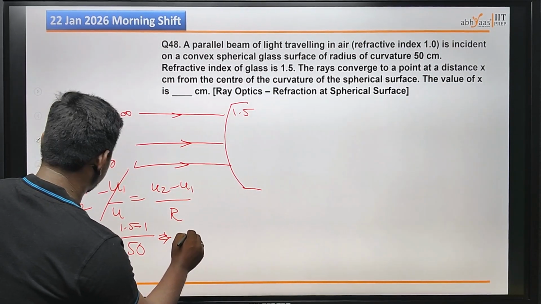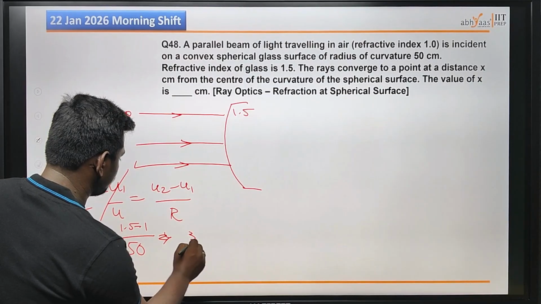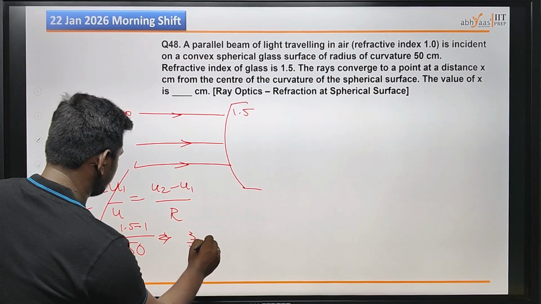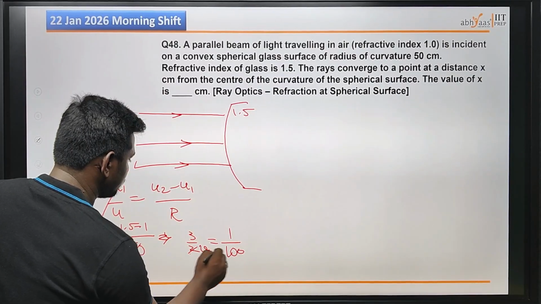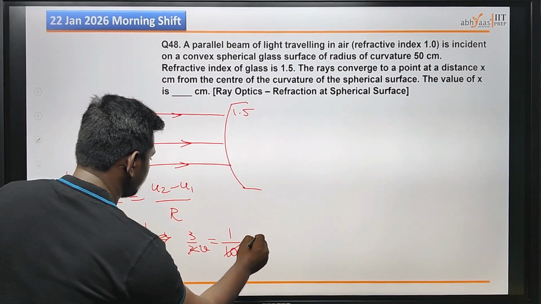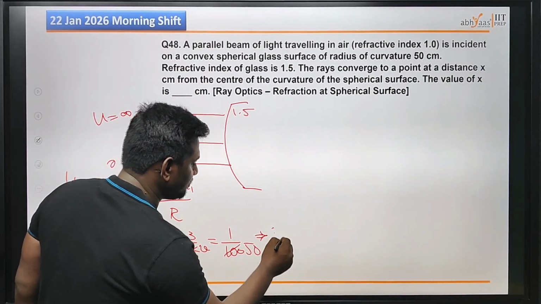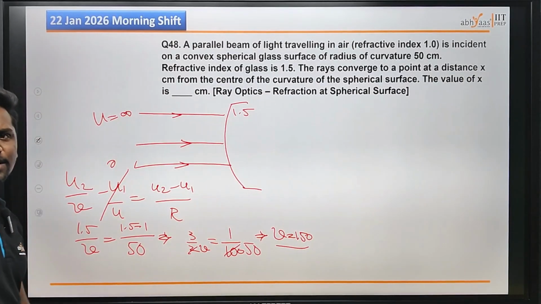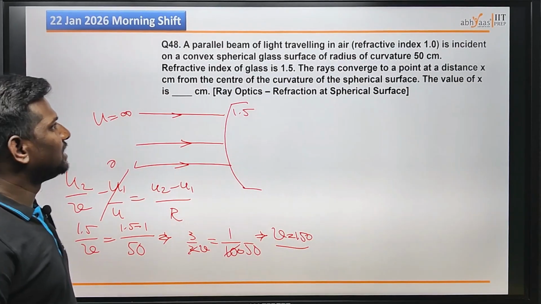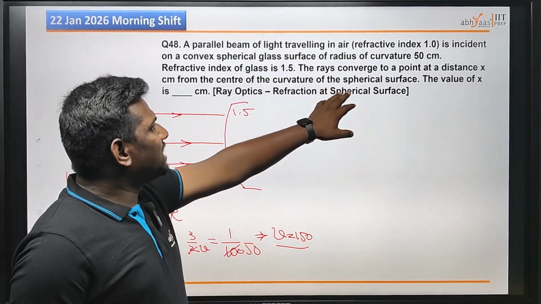From this one you will get 1.5, that is 3 by 2v, equals 0.5 by 50, that is 1 by 100. So v can be written as 150. What are they asking?